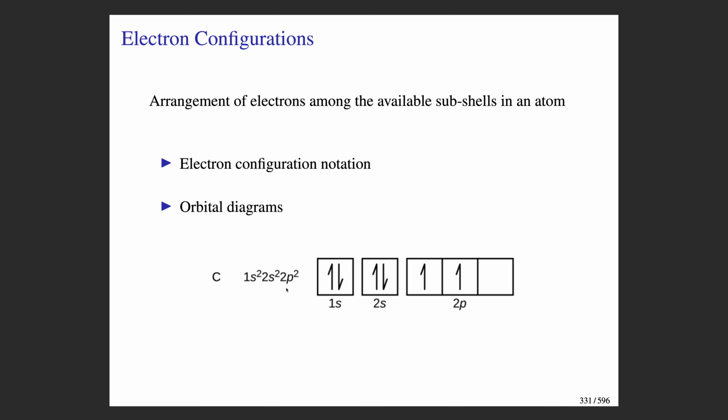Another way of representing the electrons within an atom is by using what's called an orbital diagram. The orbital diagram shows additional information not contained within the electron configuration: it shows the spins of the different electrons. In this orbital diagram for carbon, the 2 electrons in the 1s orbital have their spins paired, one spin up and one spin down.